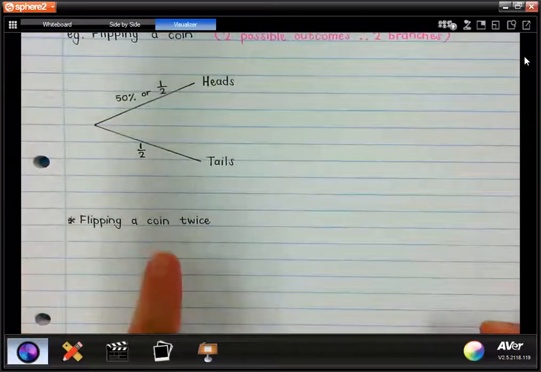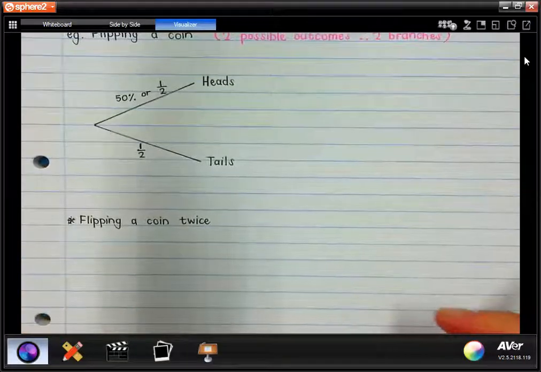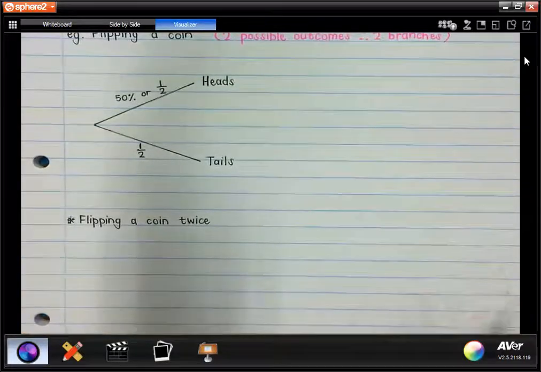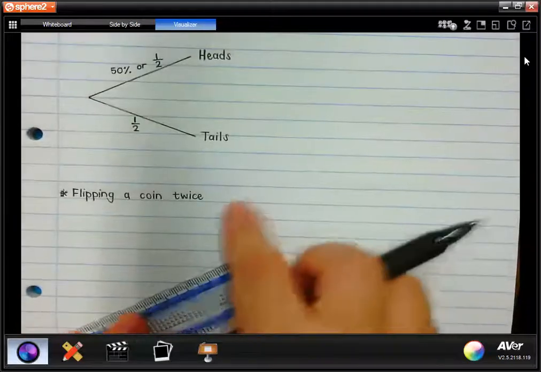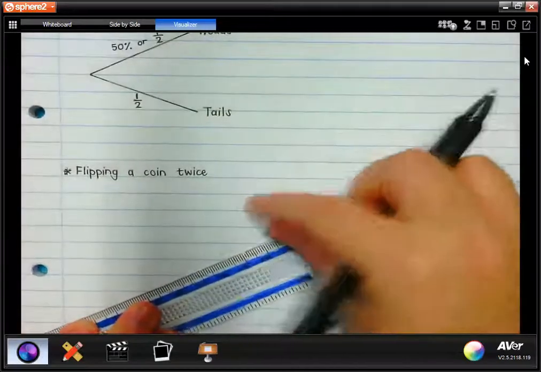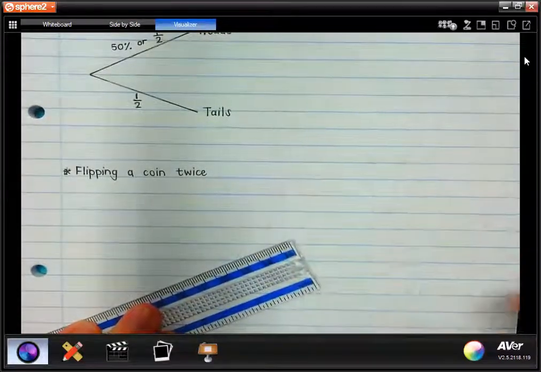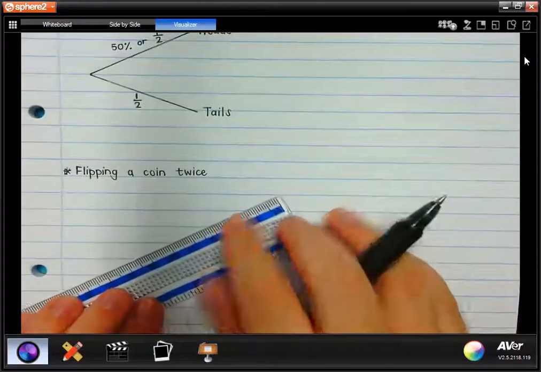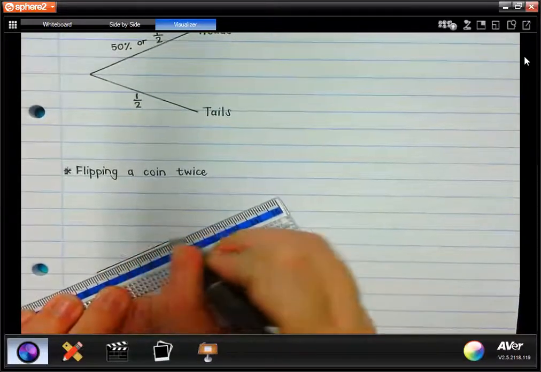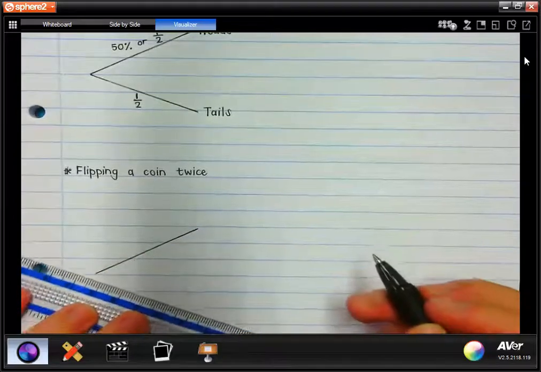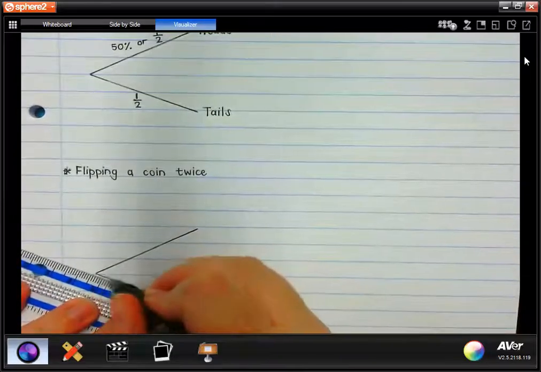All right. Our first set again is going to be heads or tails, because that is what can happen when we flip that coin. So just leave a little bit of space because we're going to actually make another set of branches from the heads. All right, so let's do it almost like this. There we go. And then we go down as well.